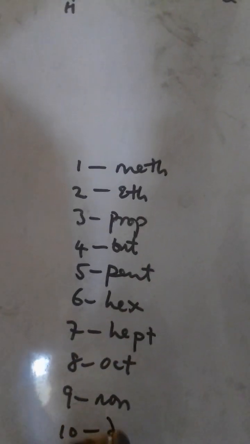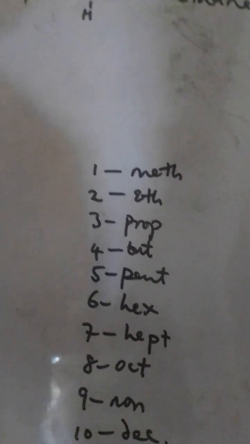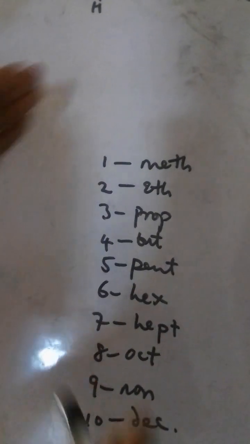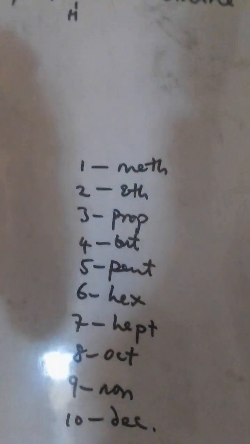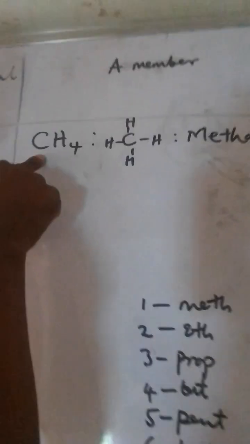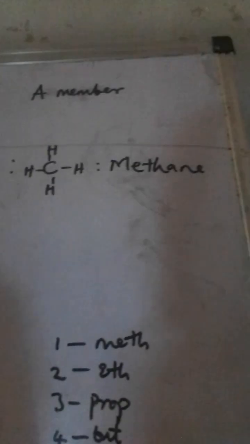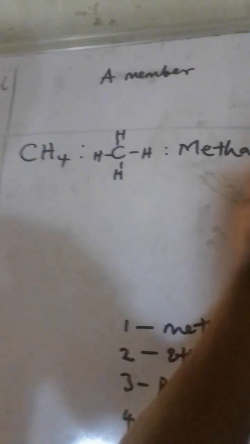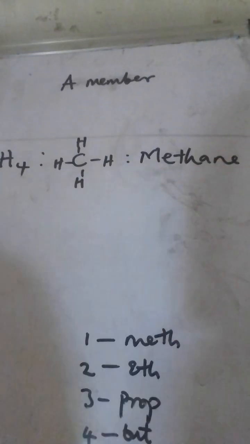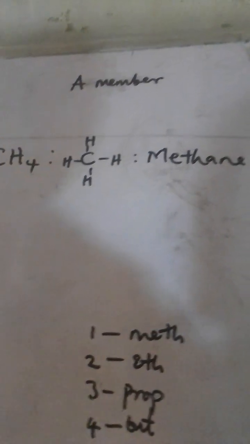And 10 dec. We have undec and so on and so forth. But we are looking at this one. Since this compound contains 1 carbon, the name is methane, and the ANE in alkane should end the name, methane. So this is a member of alkane.